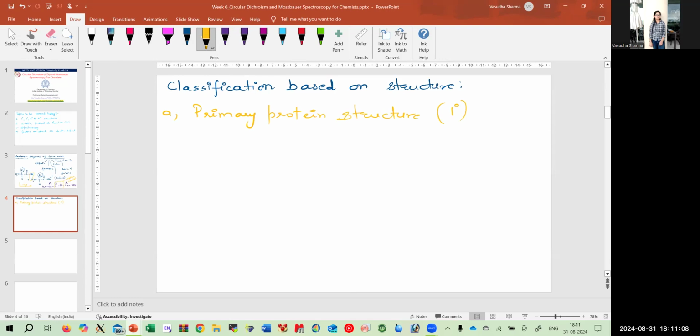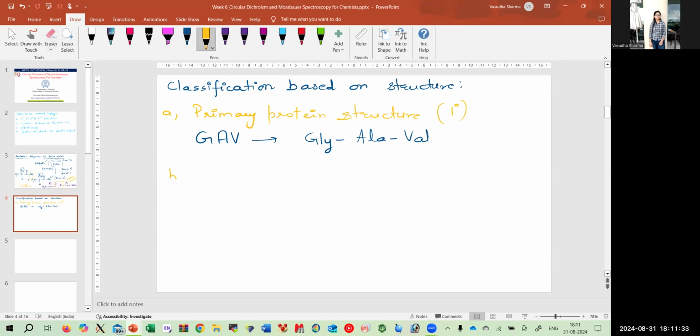Say for example, I'm taking the code GAV, and this is a protein comprising glycine, alanine, and valine. So it is basically a very simple linear chain of amino acids.